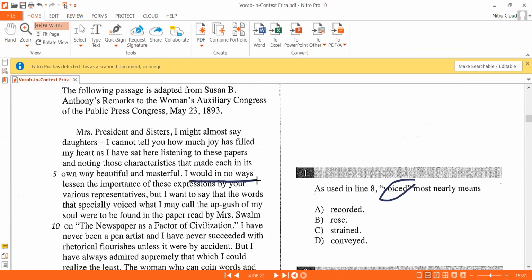I would in no ways lessen the importance of these expressions by your various representatives, but I want to say that the words that specially voiced what I may call the upgush of my soul were to be found in the papers read by Mrs. Swan on the newspaper as a factor of civilization.